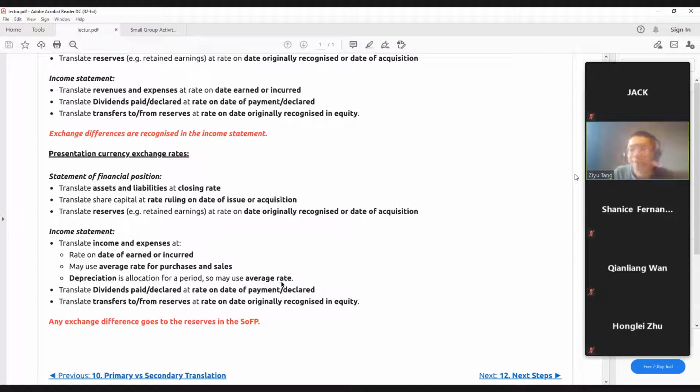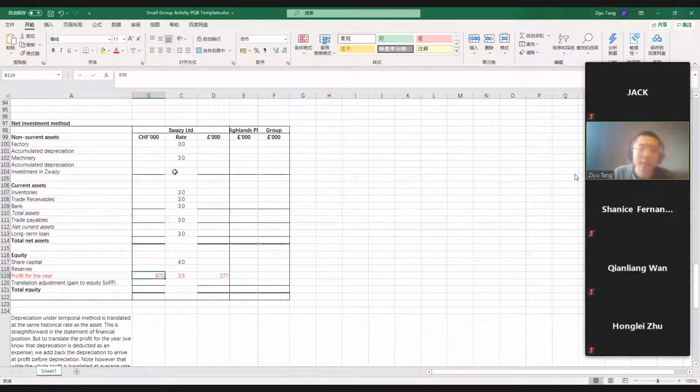So I think it is because in the net investment method, the depreciation in the profit for the year is already calculated at the closing rate. Therefore, we don't need to make any adjustment. So that is my interpretation.